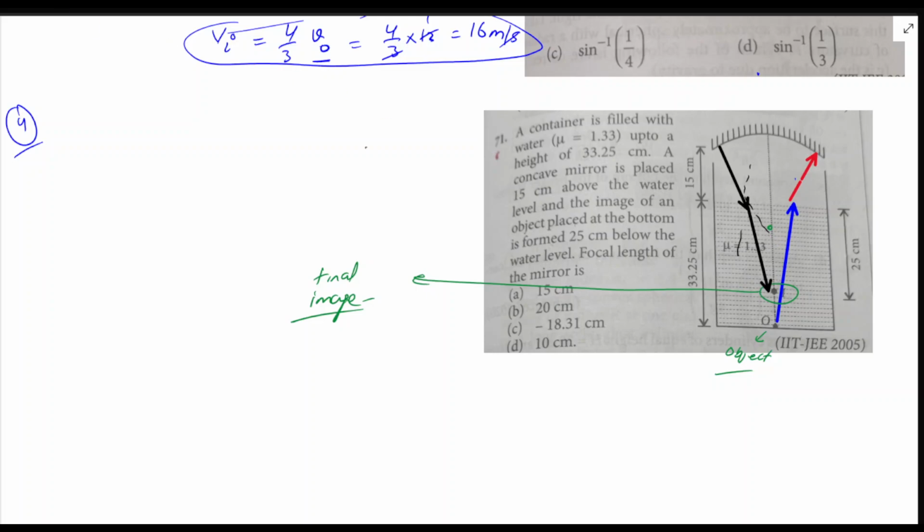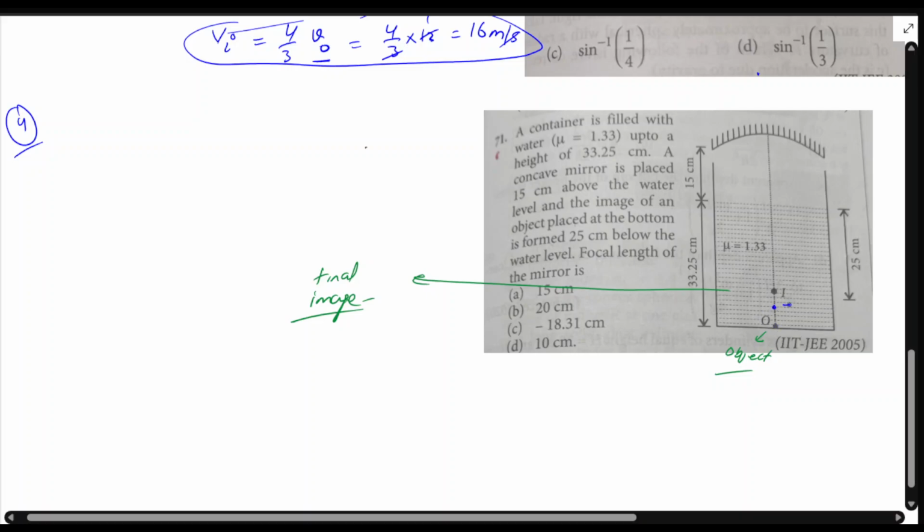Okay, are you getting me? So let's use all those things. Just clearing all this part. So I'm just putting image one, image two, image three. With this object, let's say this is our image one after refraction.